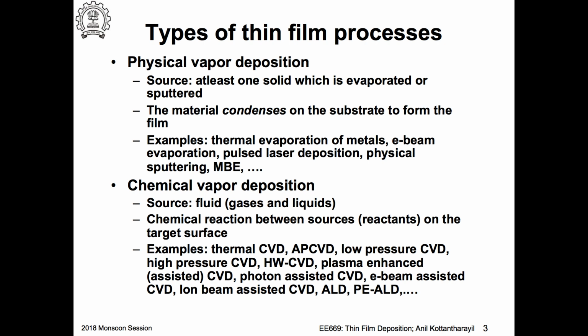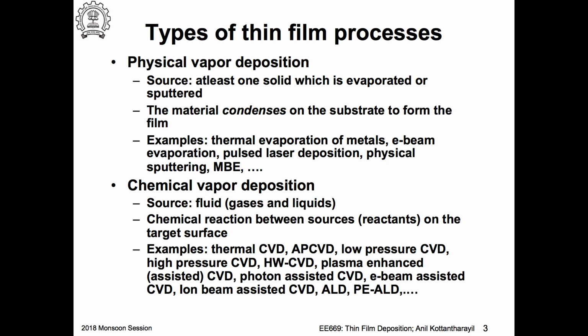Now, I mentioned these different processes, and you can classify them into various categories based on the source of energy. So you have thermal CVD, hot wire CVD, plasma enhanced CVD, photon assisted CVD, E-beam assisted CVD, ion beam assisted CVD, and so forth, depending on how you provide the energy for the process.